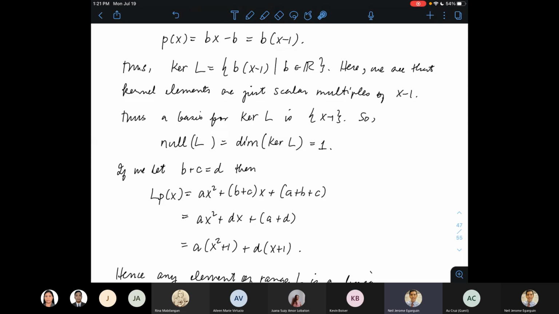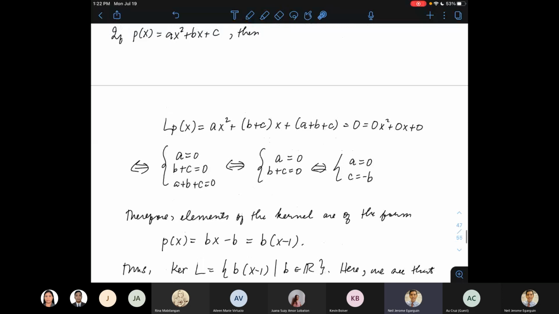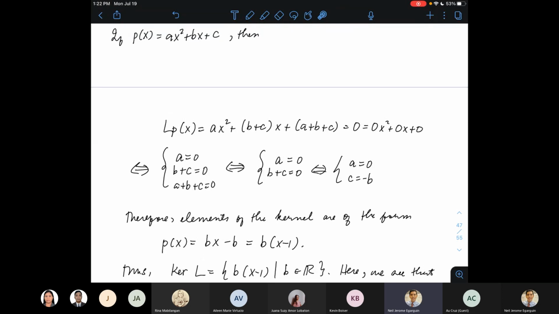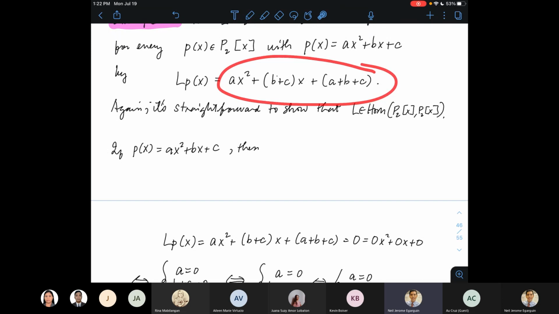Now to compute for the rank, I will employ this trick. I will let b plus c be equal to another variable d. So that means any polynomial. Okay. So remember, para mahanap yung range, kailangan kong i-analyze ano yung itsura ng mga function values. All right. So I know that function values has this form, but I'll use this clever trick.